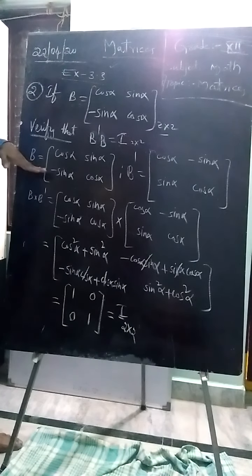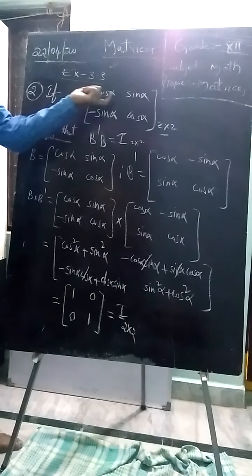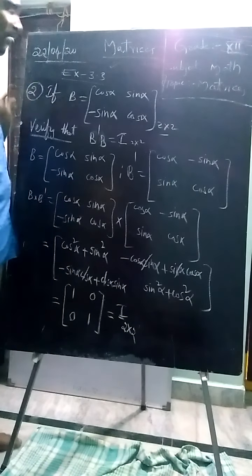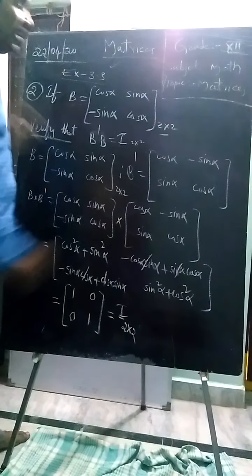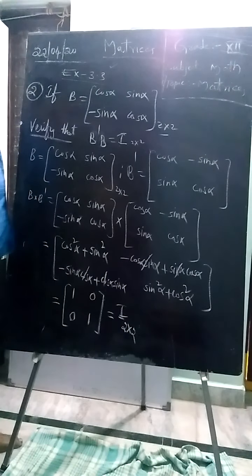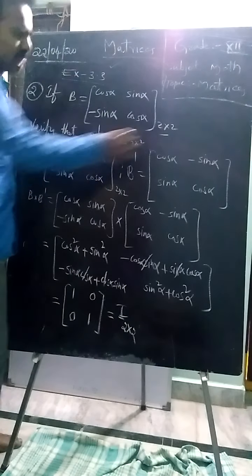Let us take matrix B, which is given as cos alpha, sin alpha, minus sin alpha, cos alpha, which is of order 2 by 2. If you take the transpose of the given matrix, I am changing rows as columns.